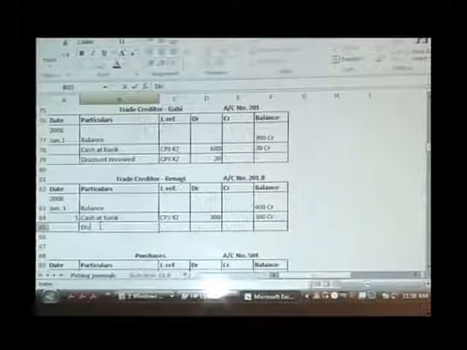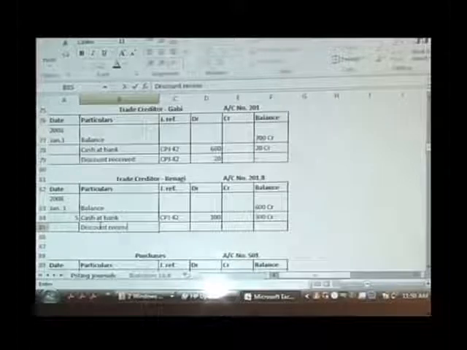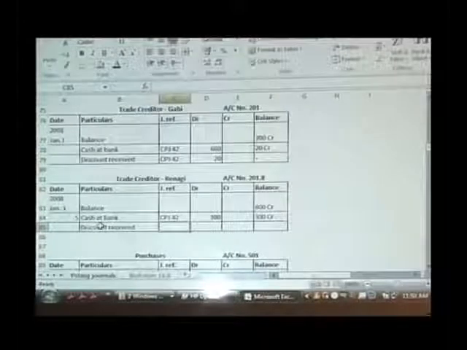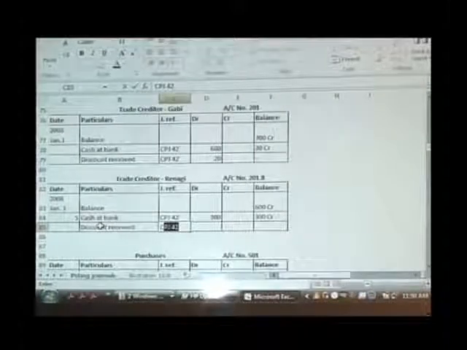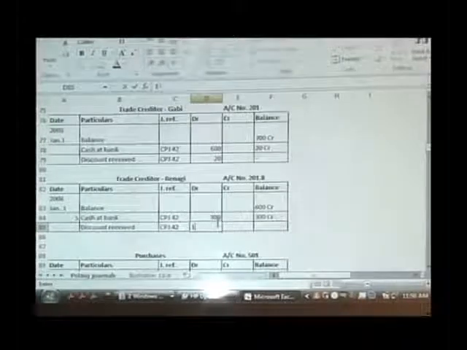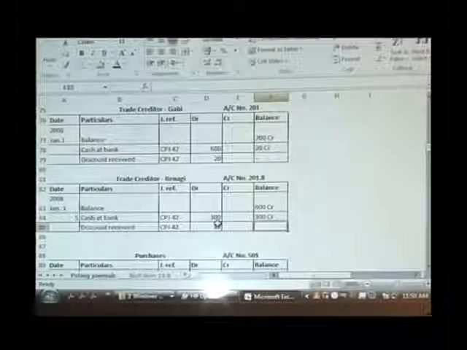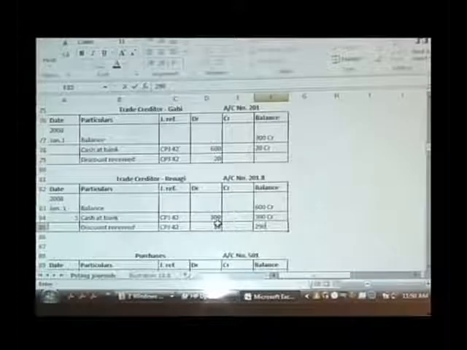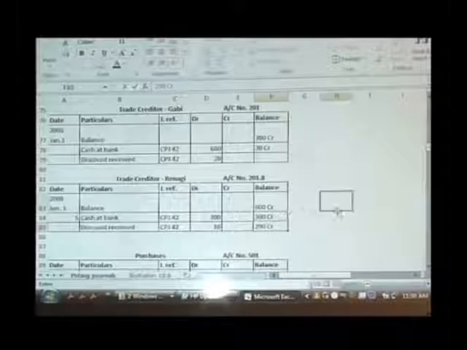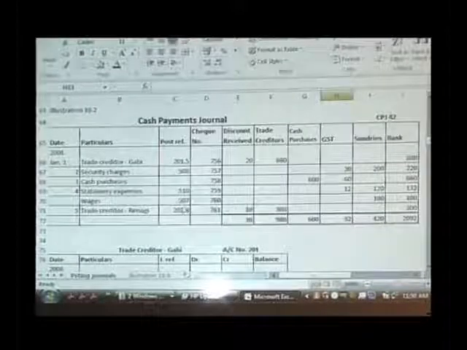Discount received, CPJ 42, 10 kina. Now the balance is reduced to 290 kina. Okay.